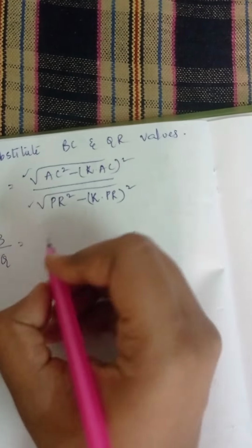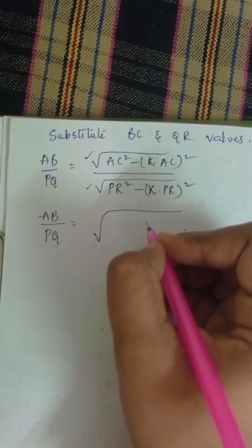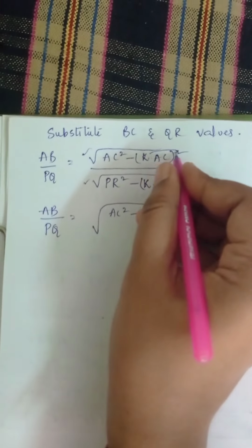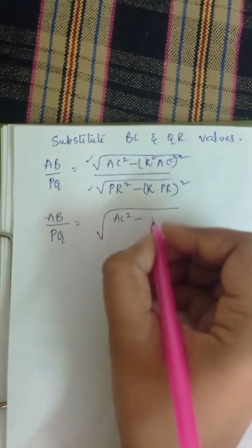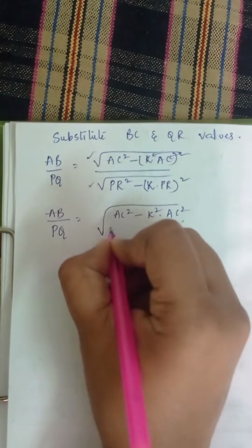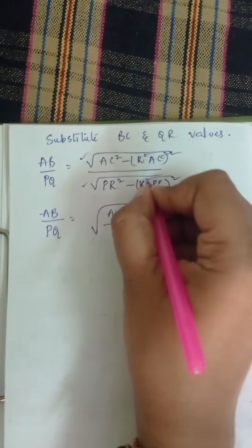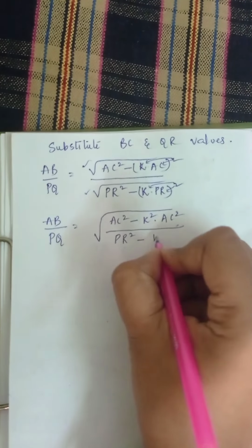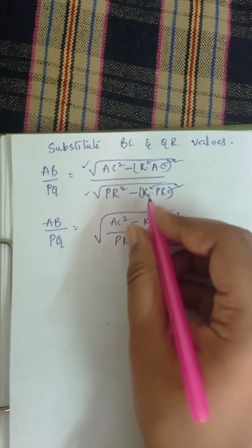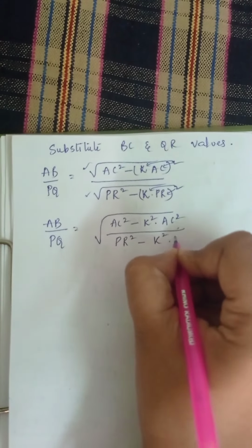Then we'll get root of AC square minus, bringing the square inside for both the terms, K square into AC square by PR square minus K square into PR square.